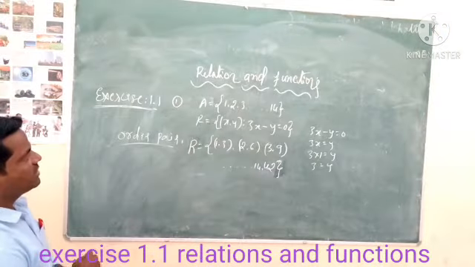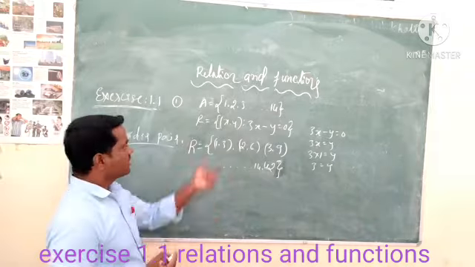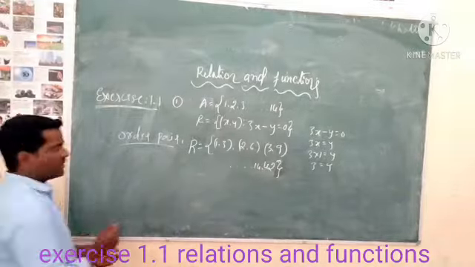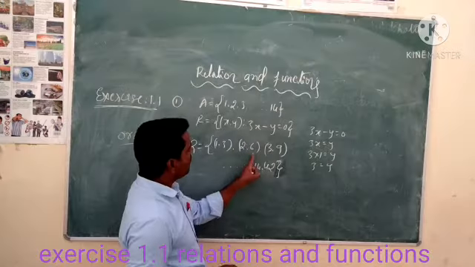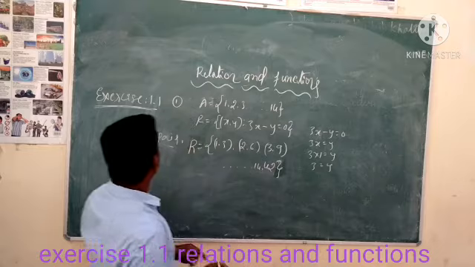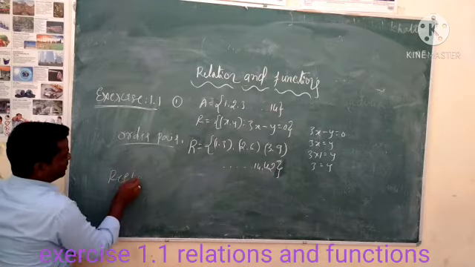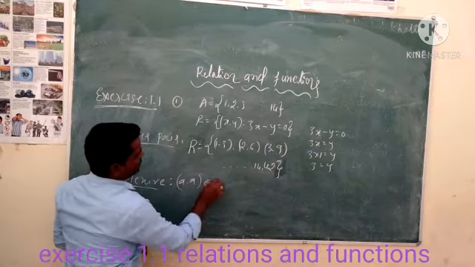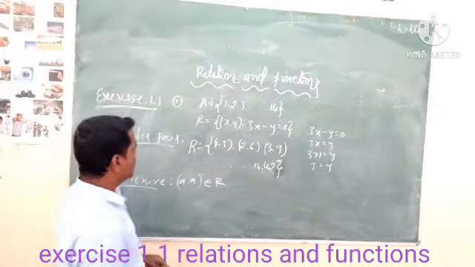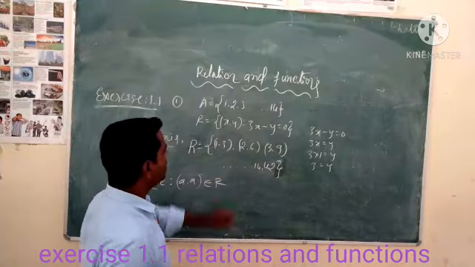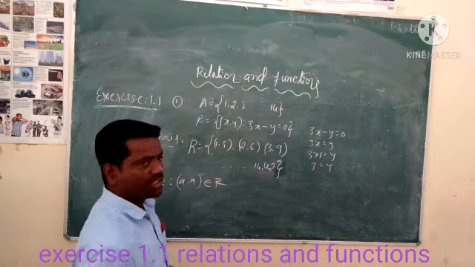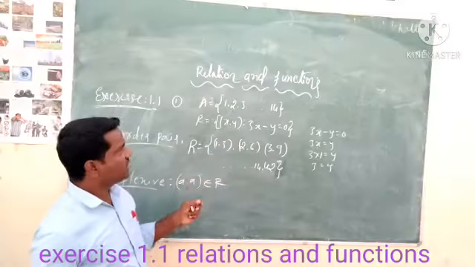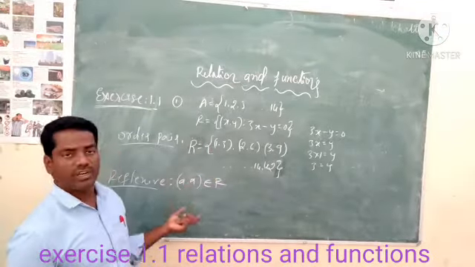Now we can check whether the relation is reflexive, symmetric or transitive. Here we have (1, 3), (2, 6), (3, 9). First, reflexive. We know that the reflexive condition is (a, a) belongs to R. That means (1, 1), (2, 2), (3, 3). Are (1, 1), (2, 2), (3, 3) in the ordered pairs? No, it has no (1, 1).